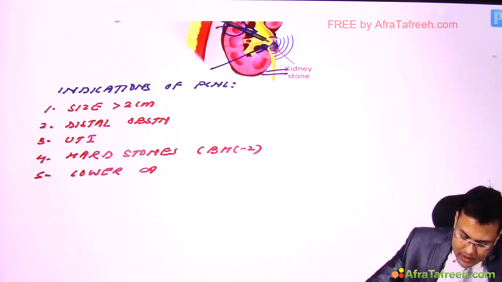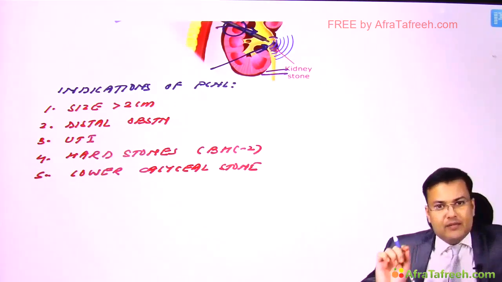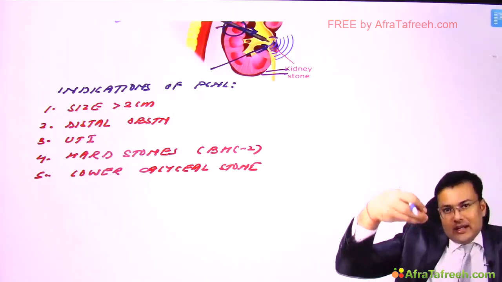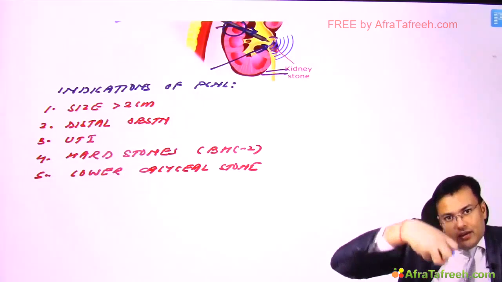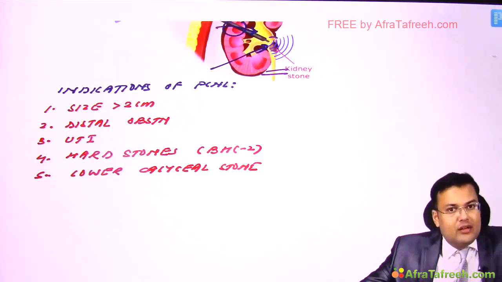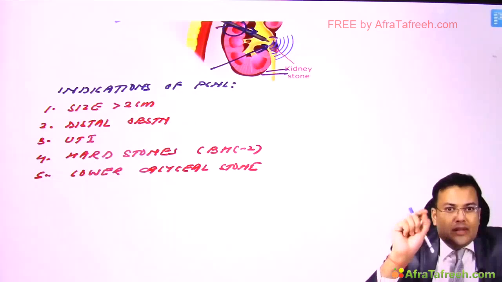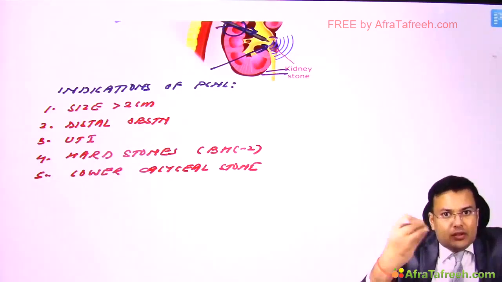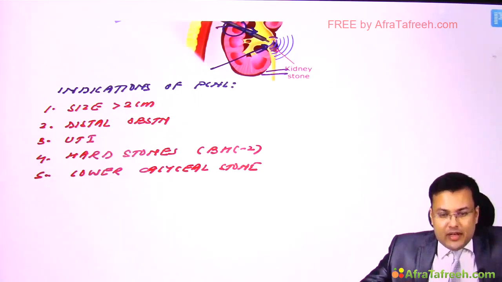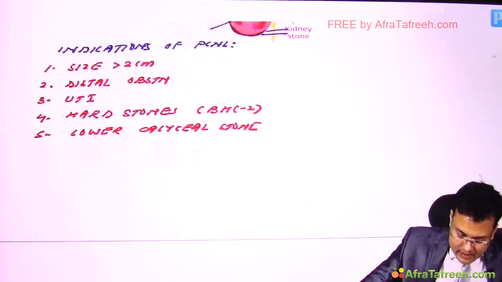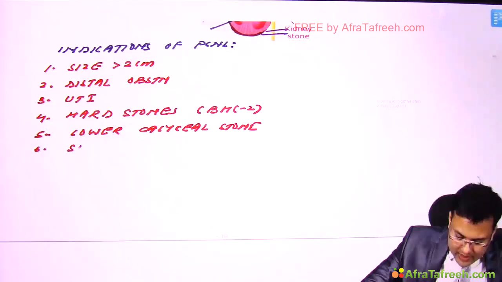Whenever the stone is there in the lower calyx, you might break it with the help of ESWL, but since it's against gravity, it's very difficult to get the stone into ureter. So what happens if the stone is in the lower calyx? It's better to break the stone by PCNL and remove the stone directly under vision. Clear? And the sixth is staghorn calculi.